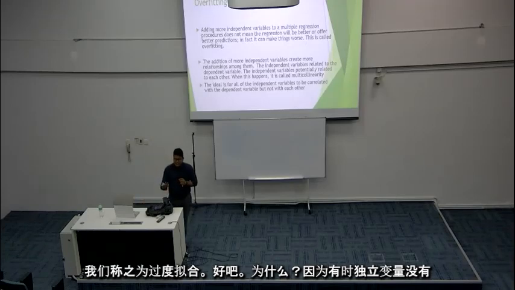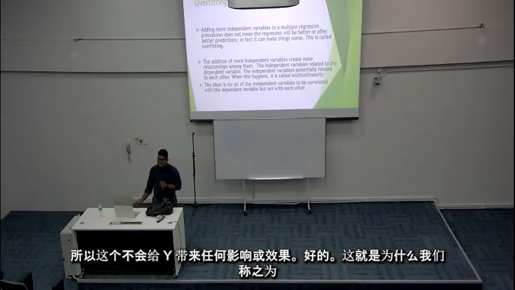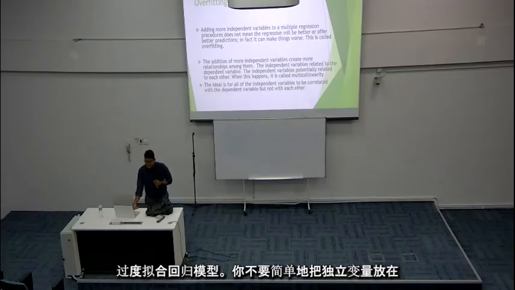Sometimes the independent variable does not have a significant effect on the dependent variable, but you just include it in the model, so it doesn't bring any impact or effect to y. That is why we call it overfitting the regression model.